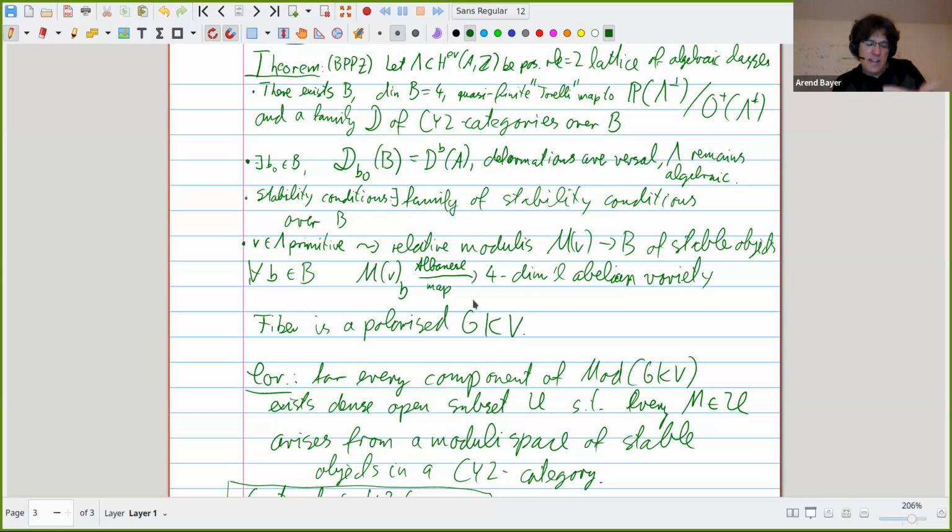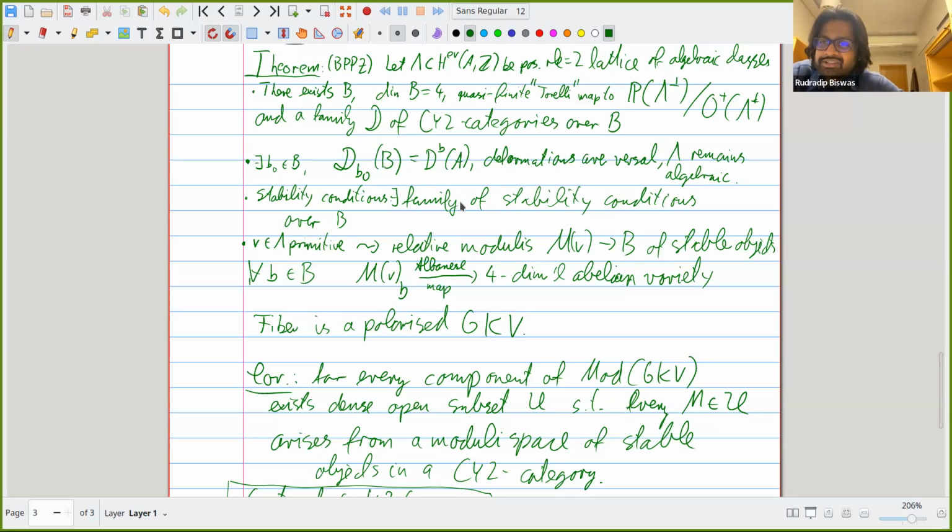These two together determine your rank two lattice lambda. And then I apply this theorem. But as you'll see in the following, this theorem is not very explicit. At some point, it's basically an existence theorem.